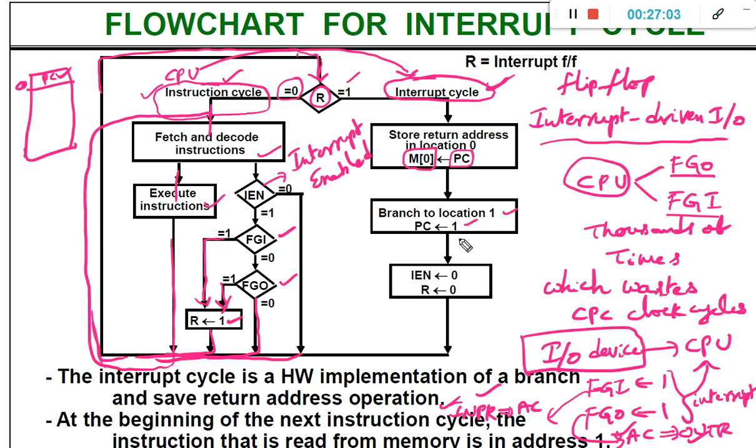After the completion of the interrupt cycle's execution, we are going to reset the values of IEN as well as R to 0. That is, the interrupt enabled flag to 0 as well as the interrupt flip-flop R value to 0, so that it can continue with the next instruction cycle. So we can see diagrammatically how it happens in the next diagram.